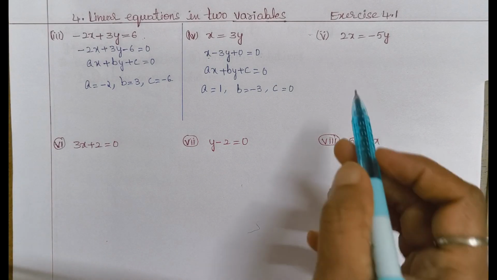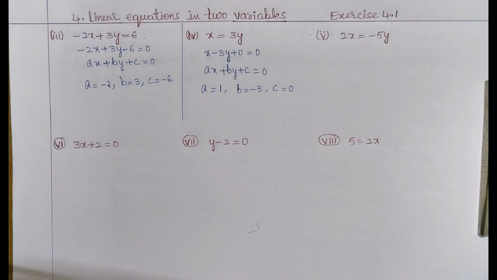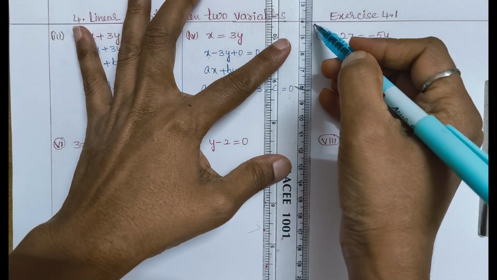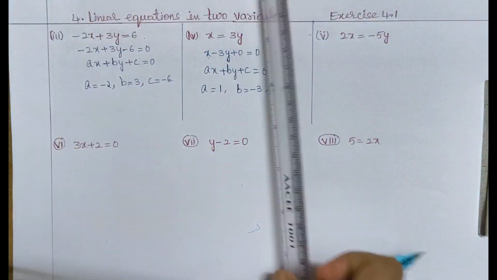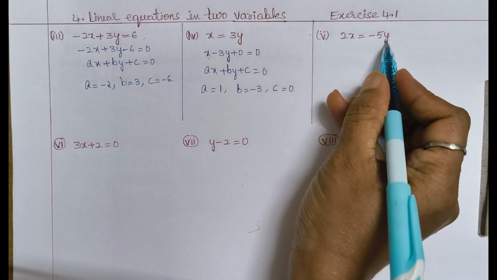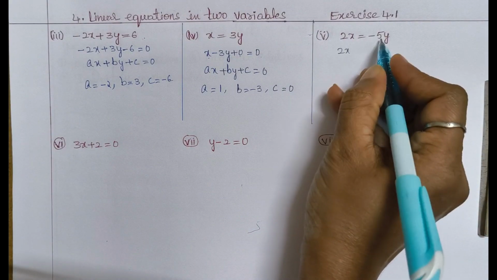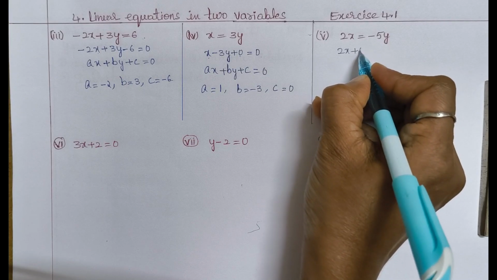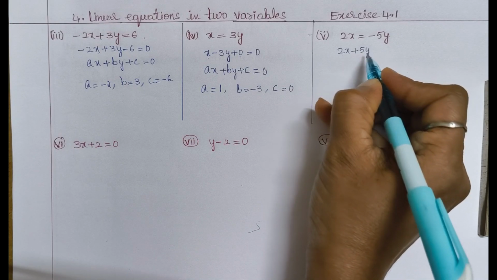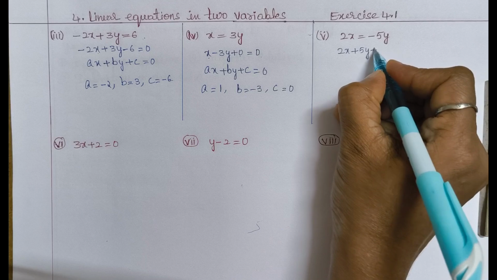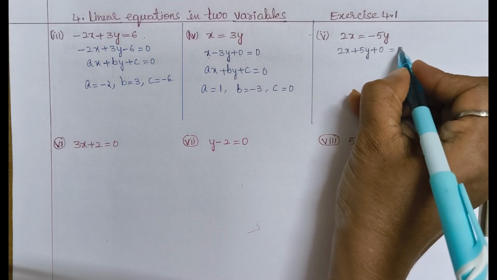Okay, now we will come to this side. Next, I'll take this one. Now we will do this sum. 2x minus 5y. This one we will take to this side. 2x minus 5y is equal to plus 5. Ax plus by plus c is not there, so what will you take? 0 is equal to 0.